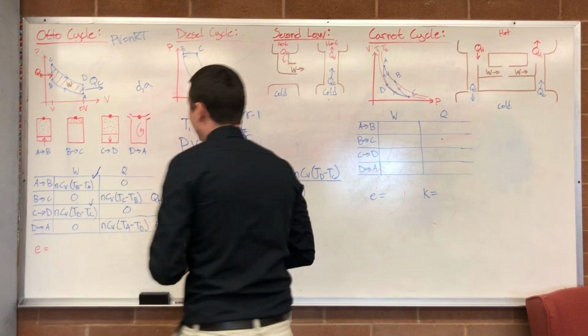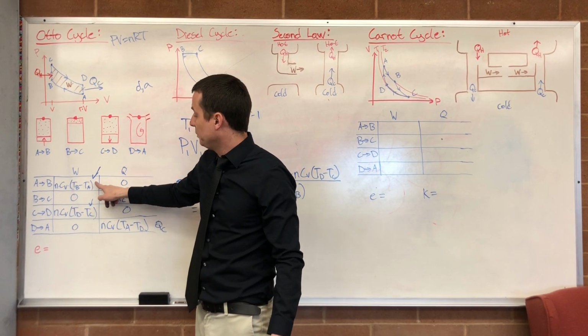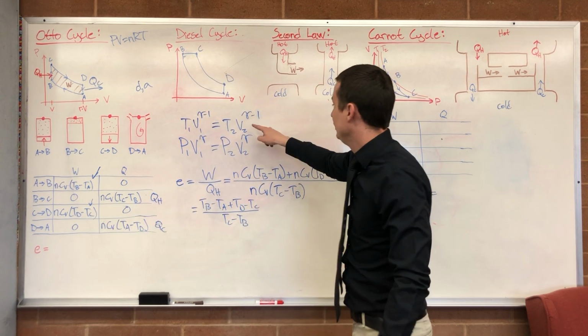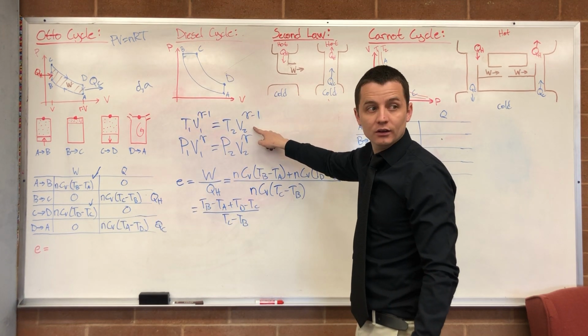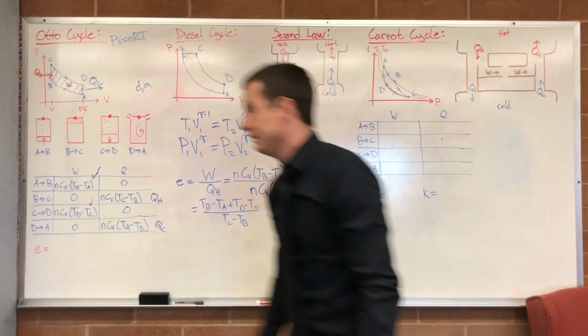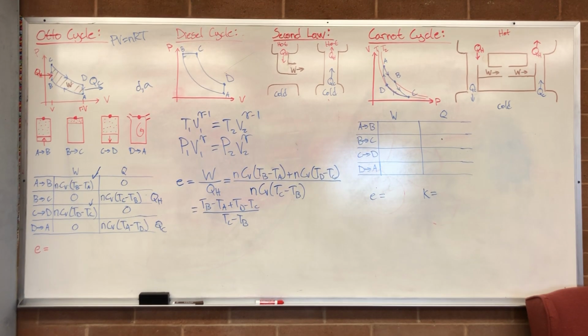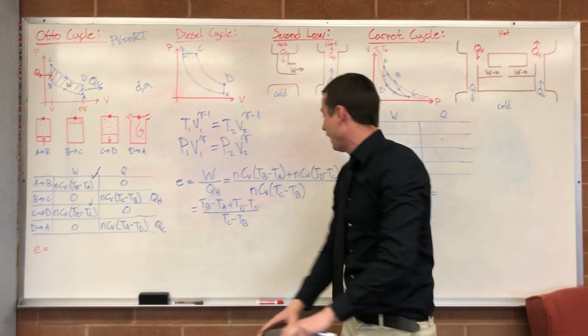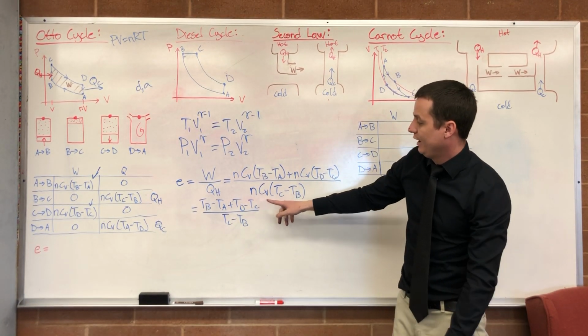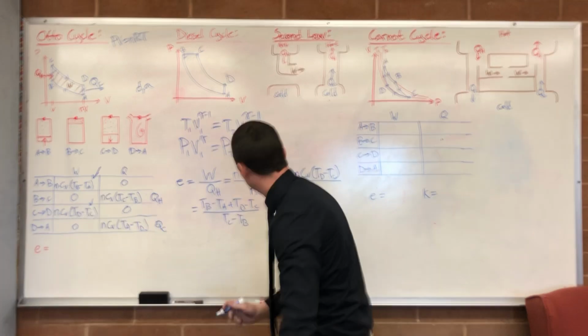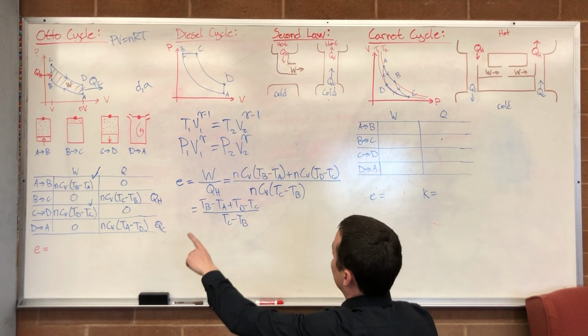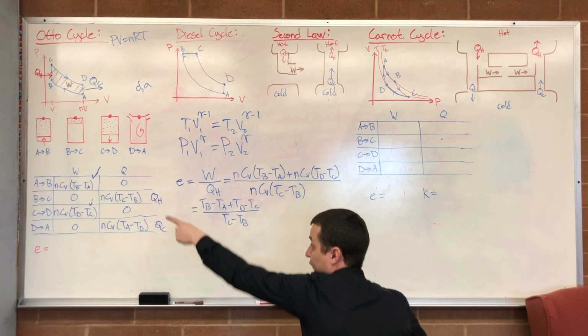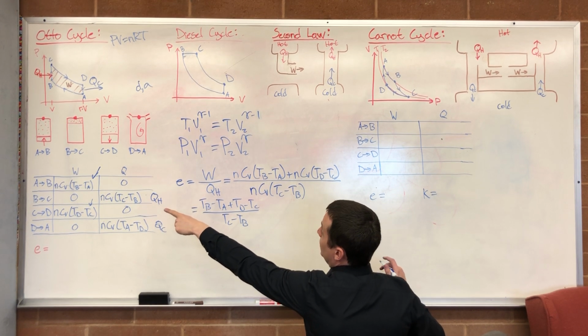Now, using the fact that this is an adiabatic process and this is an adiabatic process, and using this equation here, I'm basically going to write my TCs and my TBs in terms of TAs and TDs. And you'll see what I mean in a second. So looking at our first process, that was TB and TA, right?